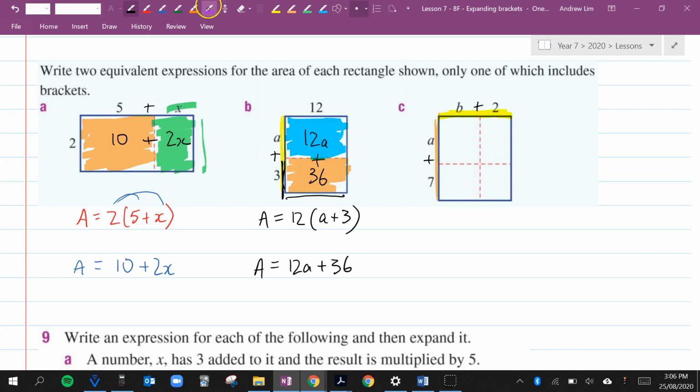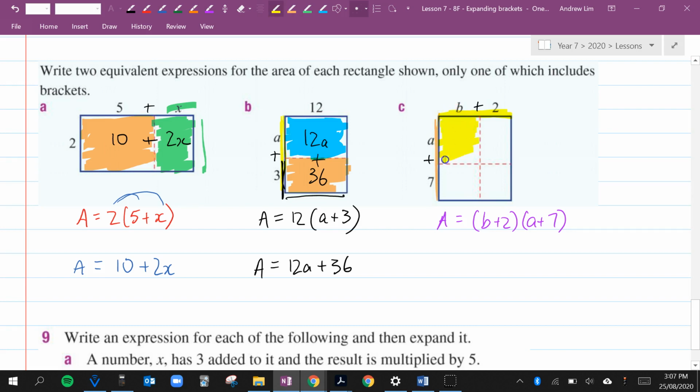So technically the area is b plus 2 times a plus 7. You can write it the other way around if you want. A plus 7 first and then b plus 2, it doesn't matter. But how do we expand this? This is a little bit different. We'll probably learn this in year 9. So for now, let's look at it visually.